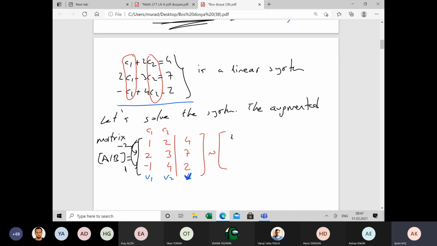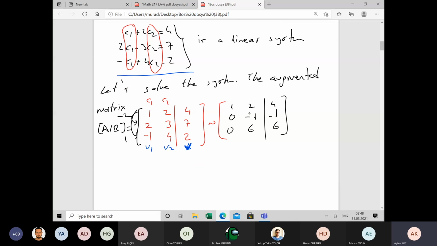Apply this operation: -2 plus 2 is 0, -4 plus 3 is -1, -2 gives -8, -1. Apply the next operation, multiply by 1: 1 minus 1 is 0, 2, 4, 6, 4 plus 2 is 6. The next one, to get a leading one in this position, multiply by -1. Our aim is to get 0. It is easy to see that. Multiply by 6, add to the last row.